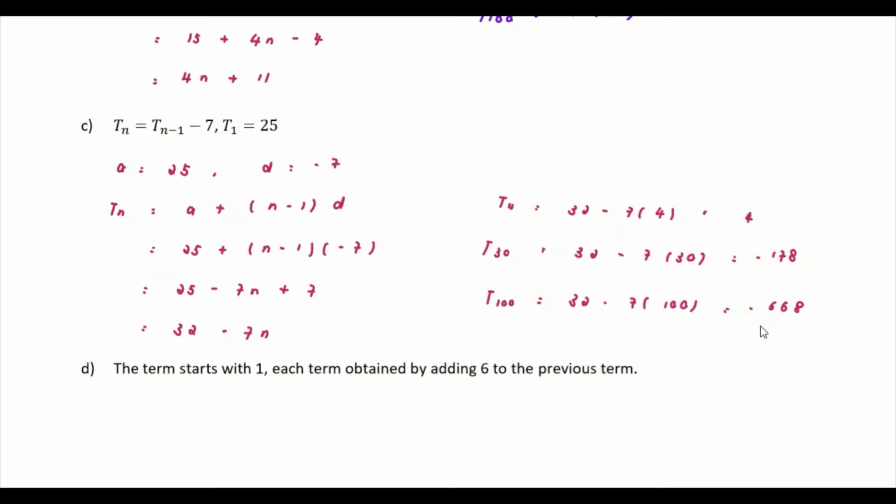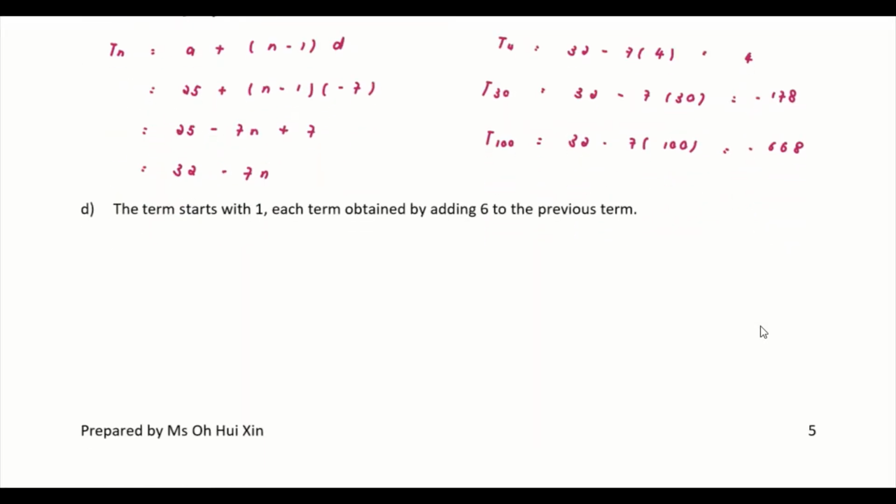So the term starts with 1, each term obtained by adding 6 to the previous term. Okay, so by the description here, you will know that the recursive rule is by adding 6 to the previous term, right? So that's why the initial term is 1. And what's the rule here is by adding 6. So that's why the common difference is 6.